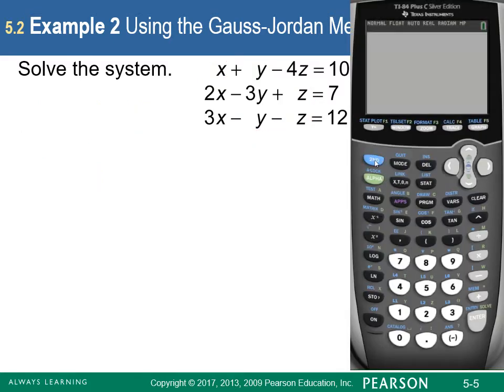As before, we start with second matrix. We can choose any of these. I'll continue to use the A choice, and we'll just replace our last one. 3, enter, 4, enter, gives me an outline for my new matrix. And 1, 1, -4, 10 is the first row. 2, -3, 1, 7, the second row, and 3, negative 1, negative 1, 12.